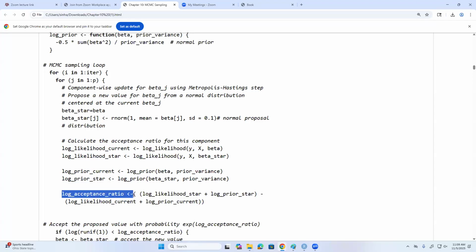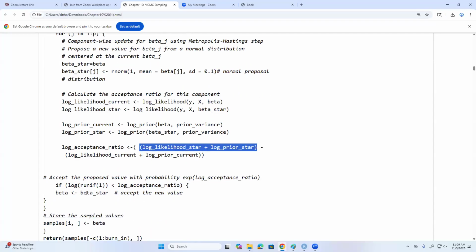The log of the acceptance ratio is then the star plus this prior minus this quantity. I calculated the log of the acceptance ratio, and I'm supposed to check if a uniform random number is smaller than R. So I check whether the log of that uniform random number is smaller than log of R. If it is so, then my new value of beta is beta star.